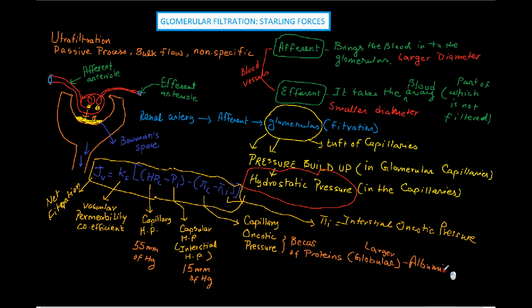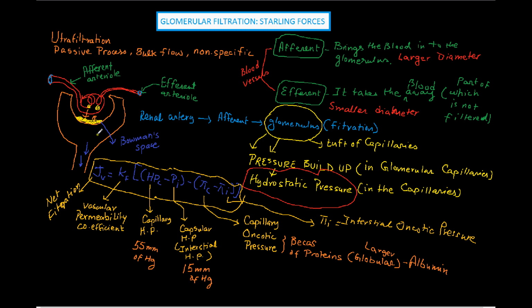So that stays in the capillaries. It's not filtered out. So the concentration of these proteins is high in the glomerular capillaries. And down in the Bowman's space, there is mostly fluid, that's plasma. That's more water, because plasma has 95% water content, and the rest 5% is your plasma proteins, and there are some other ions in there.